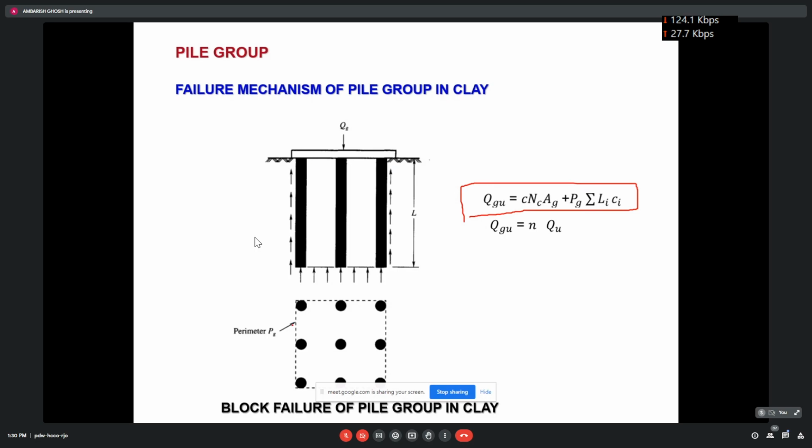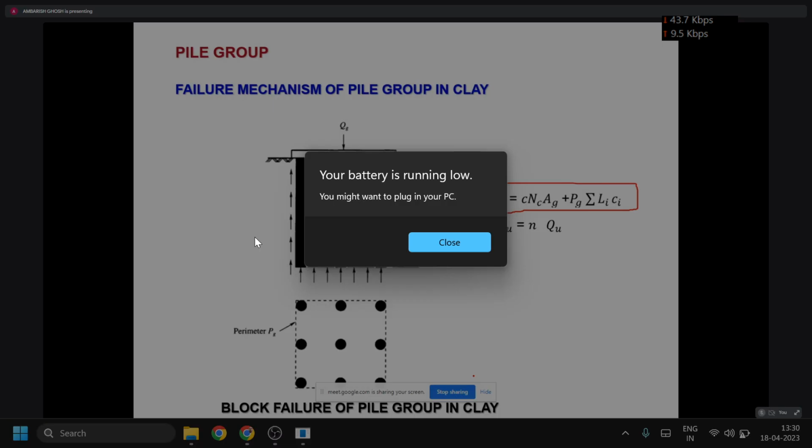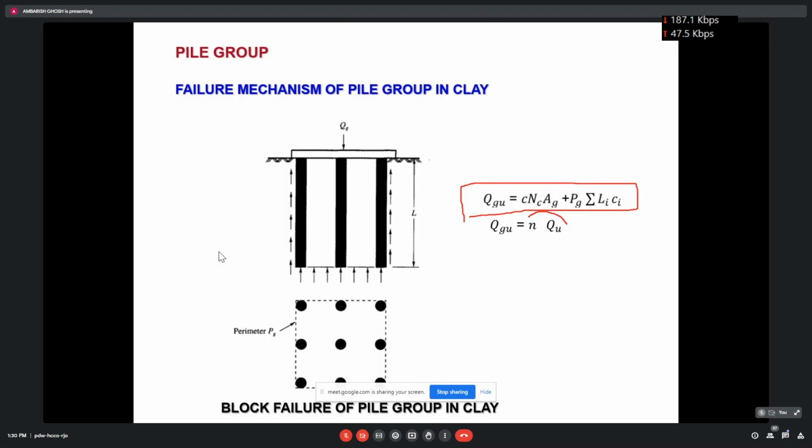This is the section and this is the plan. So this is a block failure, and individual failure means it will be N into Qu, the single pile capacity multiplied by N. So here the Nc Ag component is coming from this area, and this part is coming from this friction.